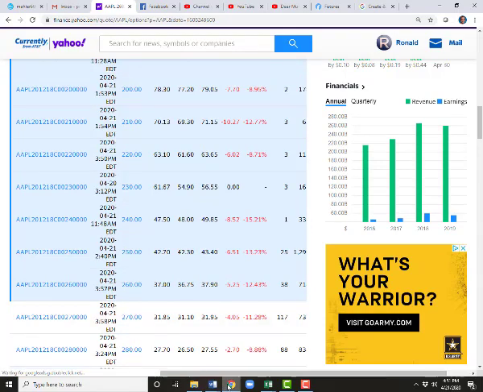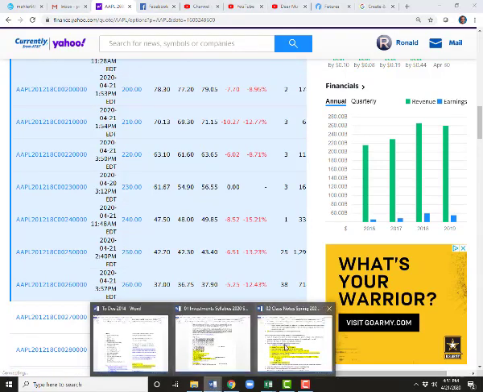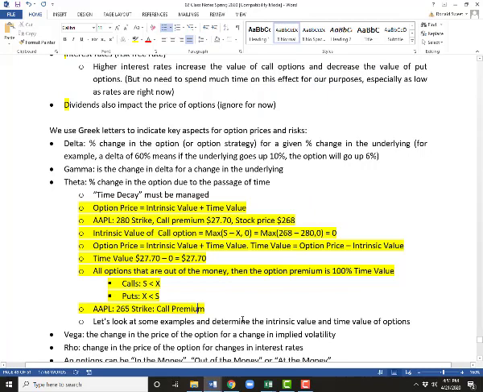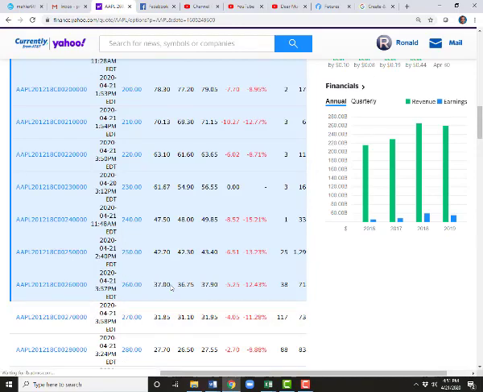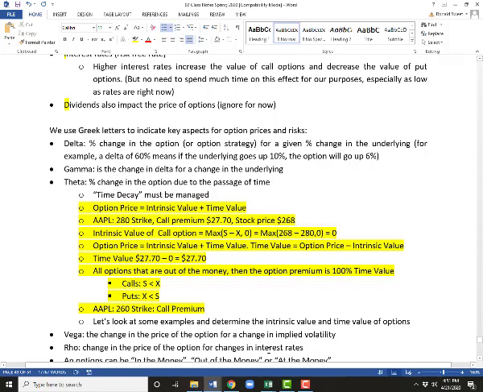They don't have a 265, so we'll have to do a 260. That was the problem with me going out so far into the future. So with a 260 strike, the call premium is $37. All right, and the stock price is still, we're going to say 268. I am rounding, so rounding's okay.